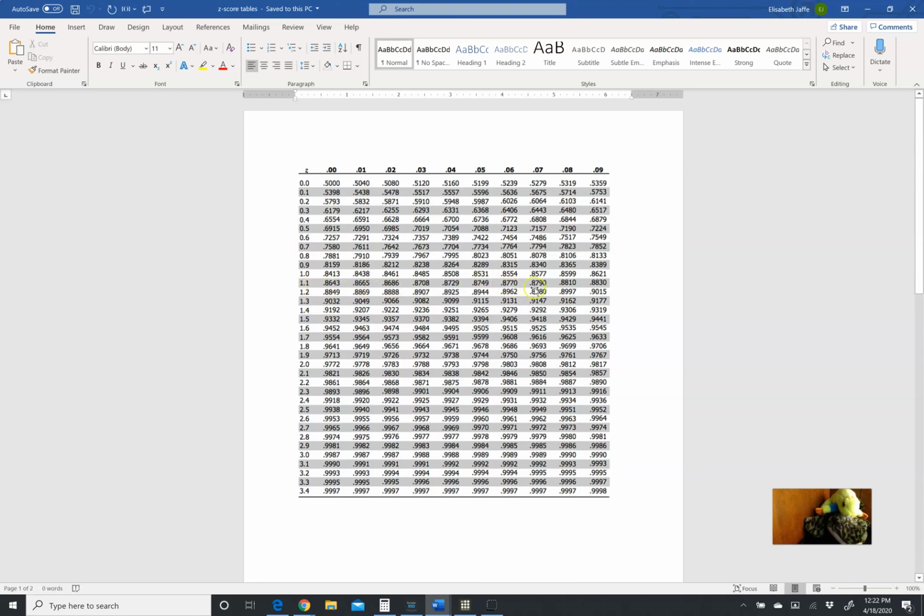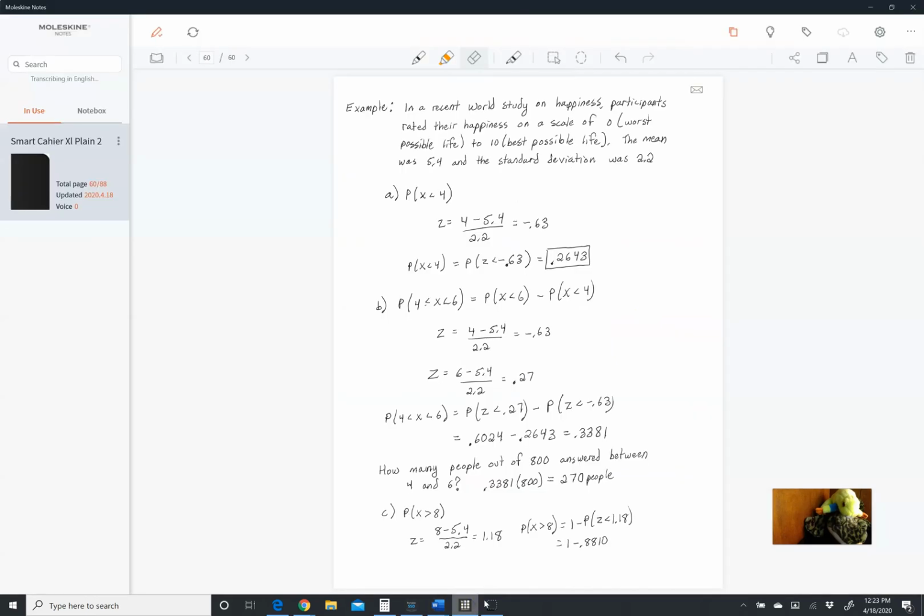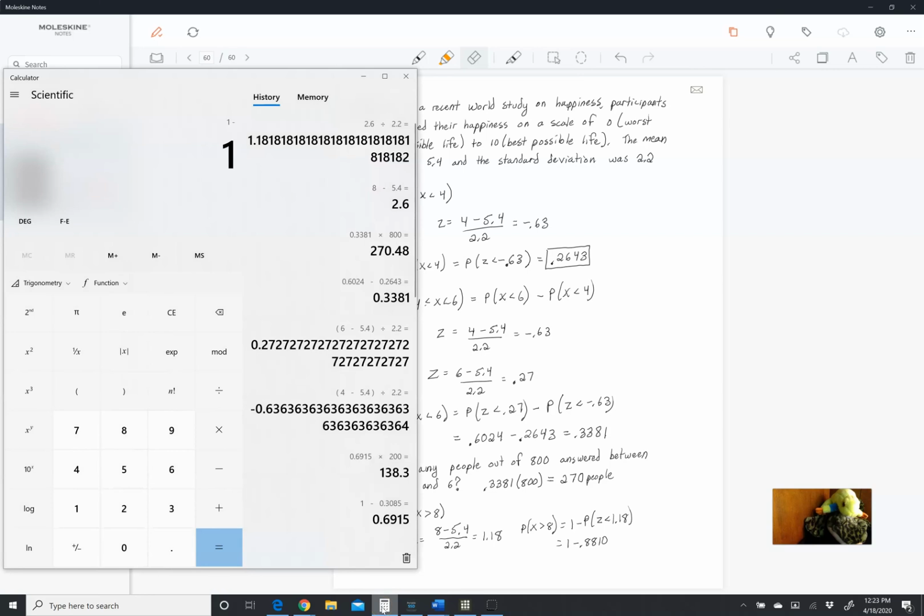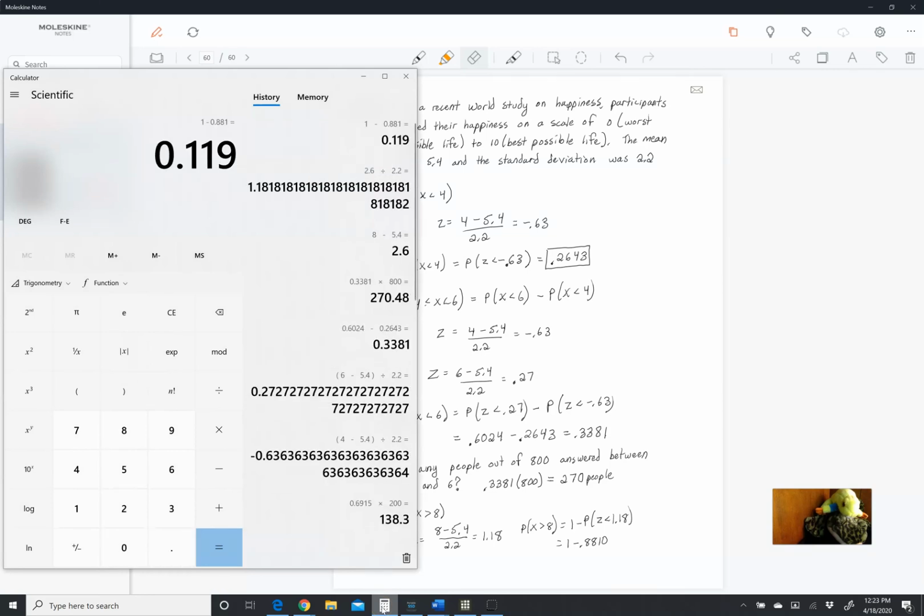We go all the way over to the 0.8, and we get 0.8810. So if we plug in 1 minus 0.8810, we get 0.119.